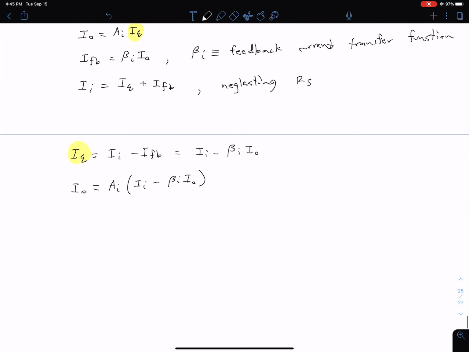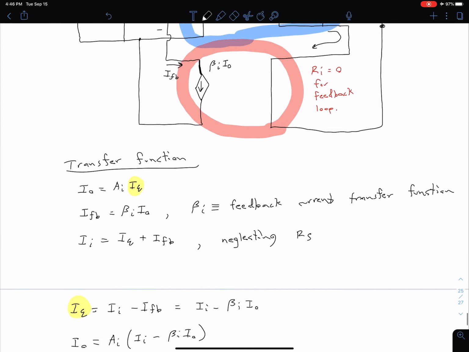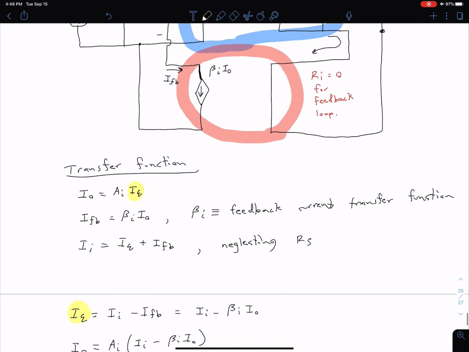If we rearrange that, we can solve for our closed loop current gain, A sub IF, which is defined as the output current divided by our input current. We find that that is equal to A sub I divided by 1 plus beta_I times A sub I. I didn't mention explicitly earlier, but of course A sub I is just the open loop gain of this ideal amplifier A sub I up here in the top.